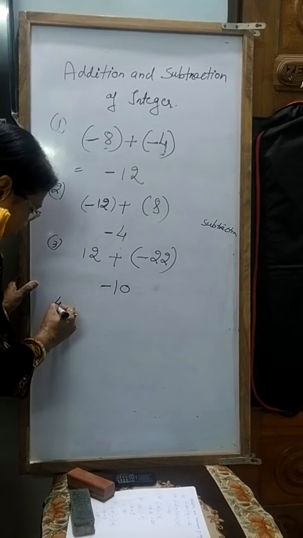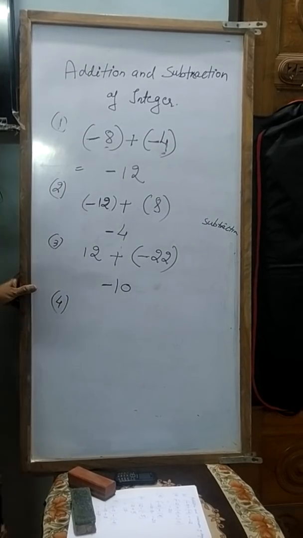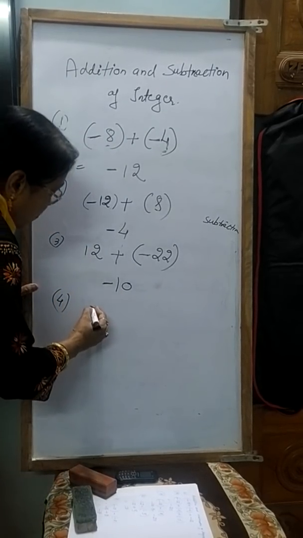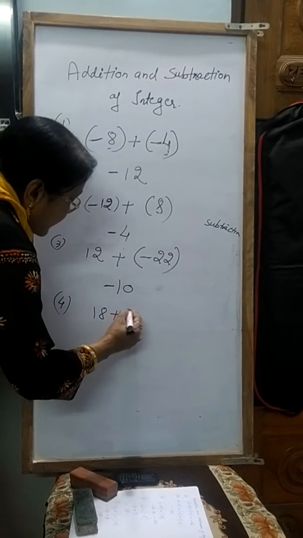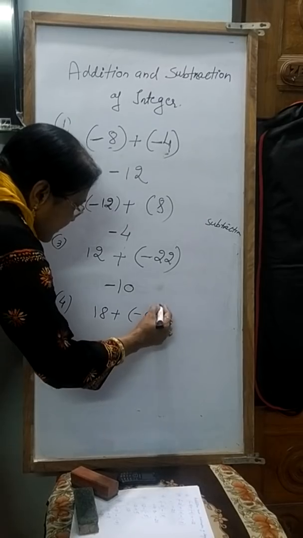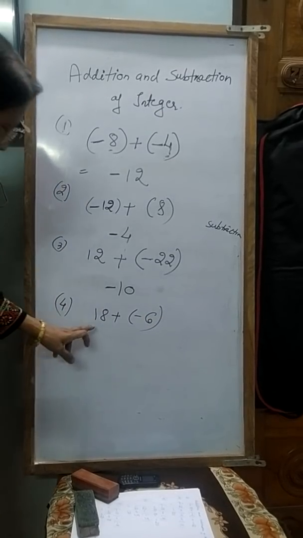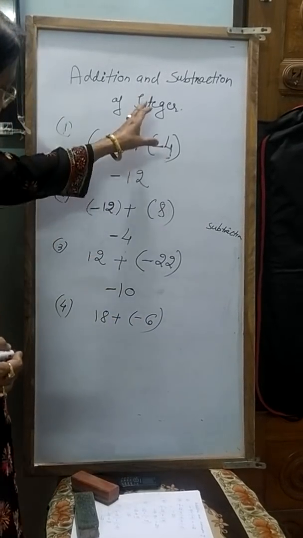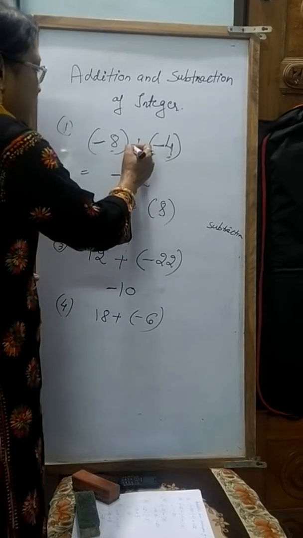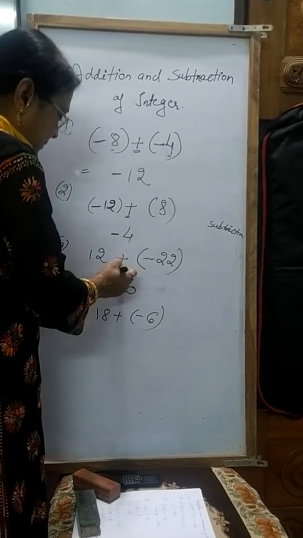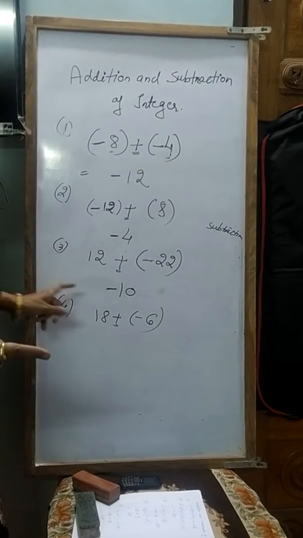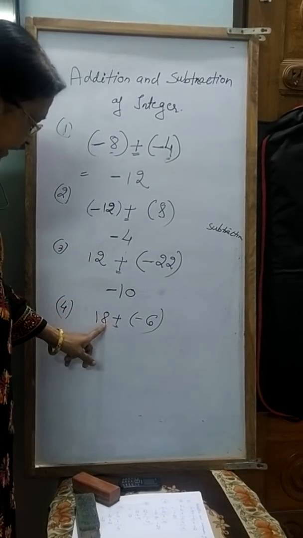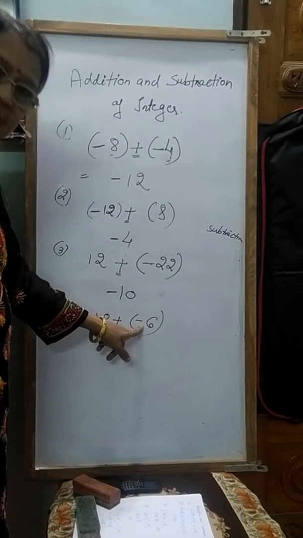Now the fourth question: 18 plus minus 6. This is all the case of addition. सभी में हम addition कर रहे हैं. Addition of integers, 18 plus minus 6.